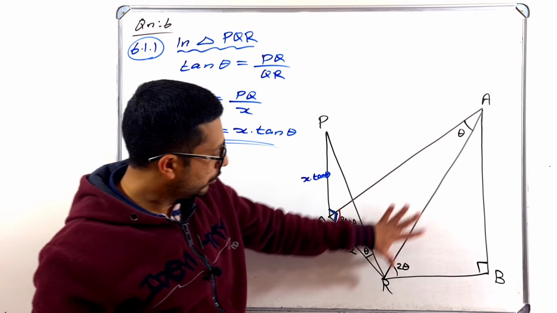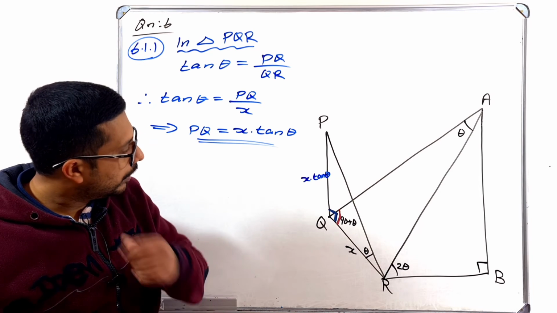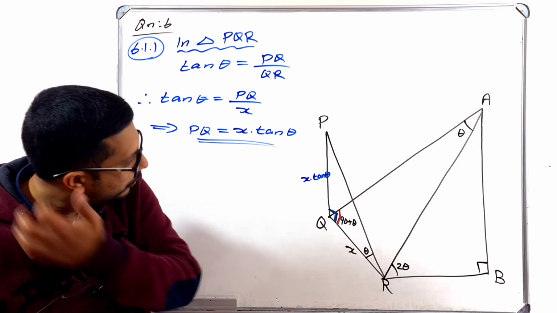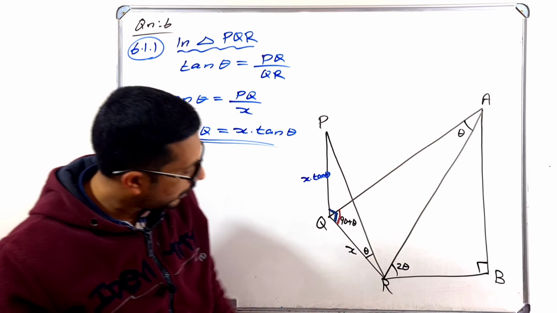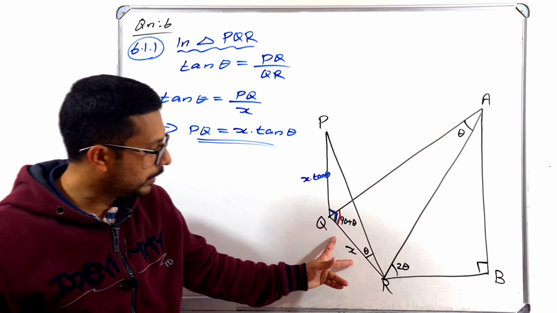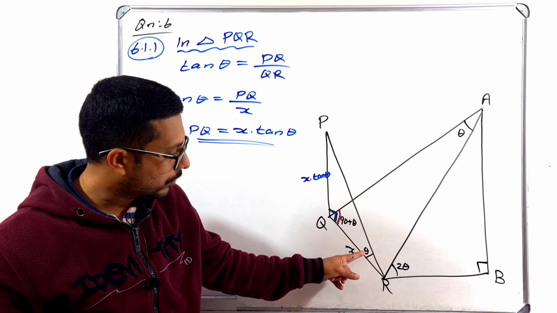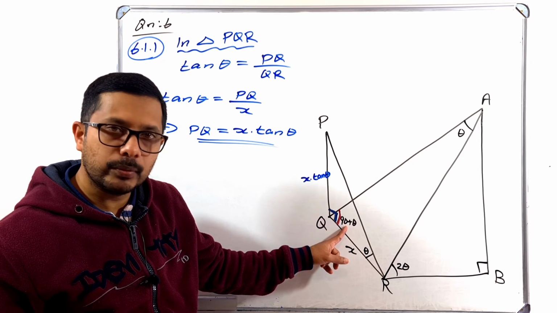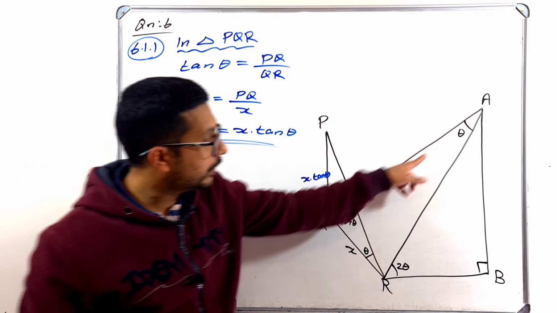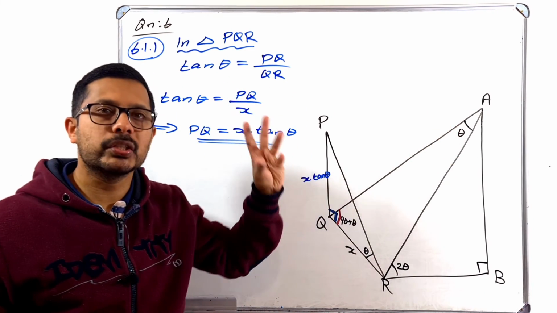Okay, so we have to find AR in terms of X and theta. To find AR, which triangle can we take? X is here, and theta is also here and here, 90 plus theta, okay. So you will get an idea which triangle you want to take.